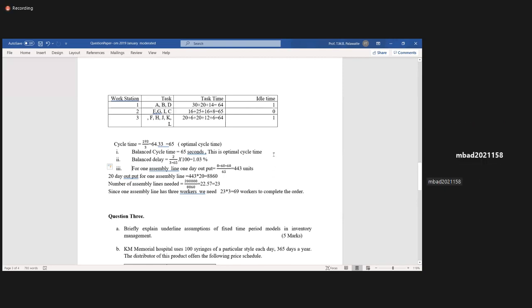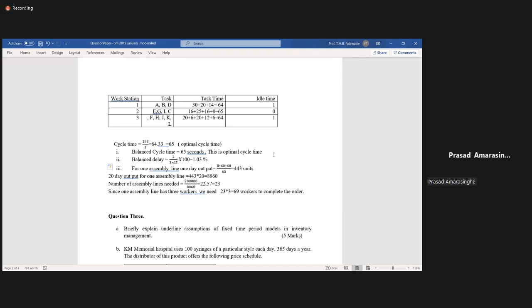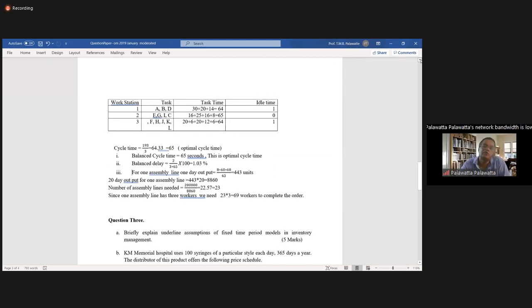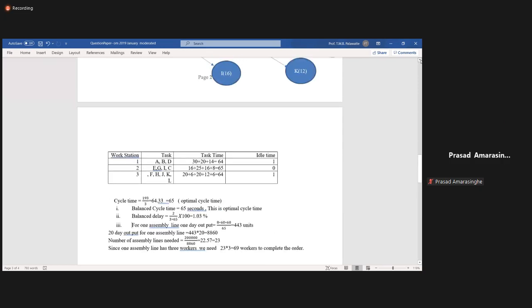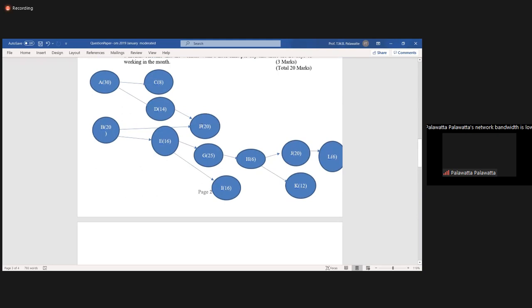Yes. So workstation 2, why can we not consider it? Oh, workstation 2. Yes, sir. So here you are allowed to work out combinations, right? I could have considered it.